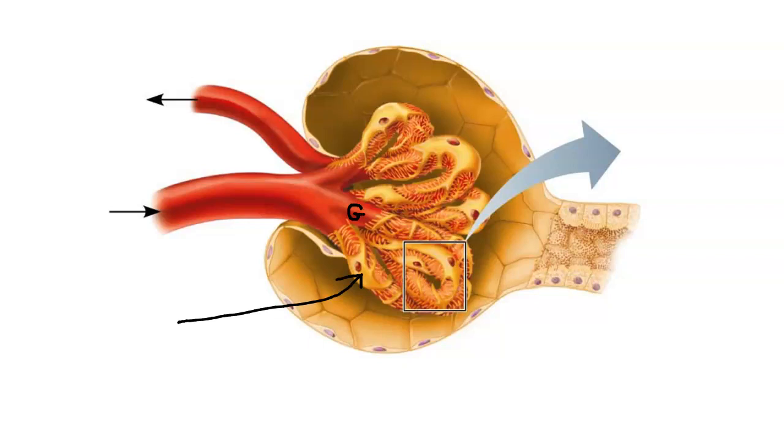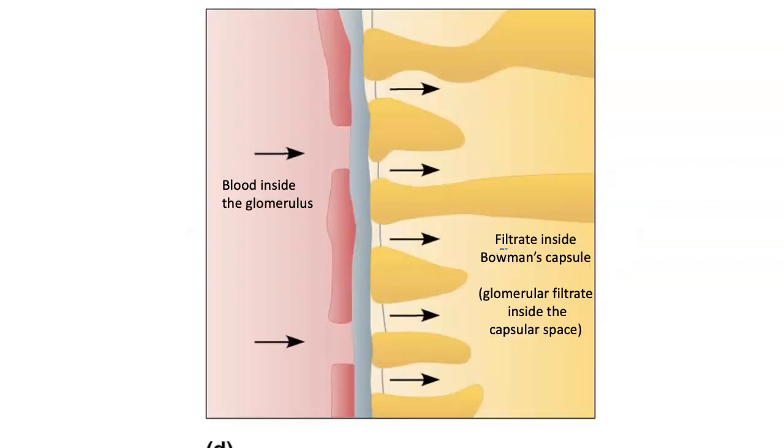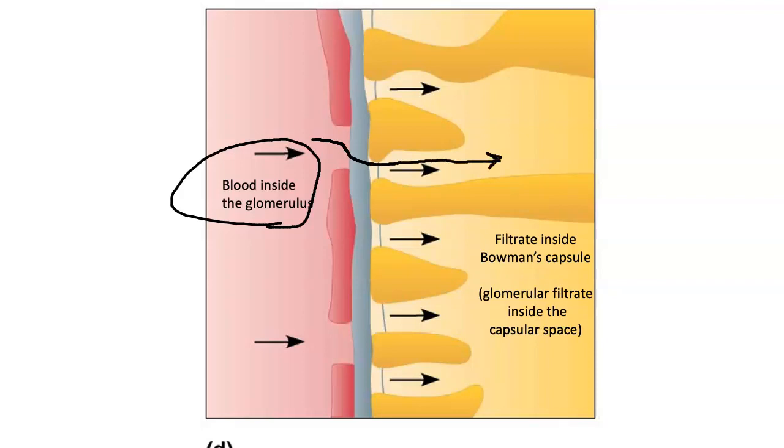And so taking another look at this, we can see a little bit closer that the blood inside of the glomerulus, some of the smaller parts of it, smaller solutes, water, can pass through the fenestrations. This gray area is just a basement membrane, and then through these filtration slits and end up in Bowman's capsule.